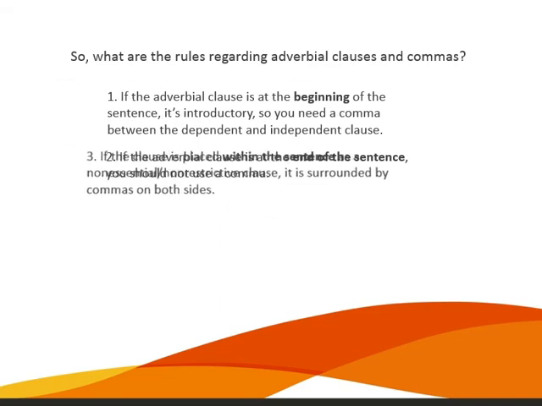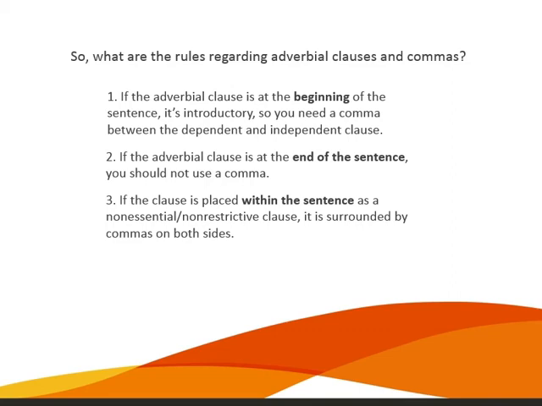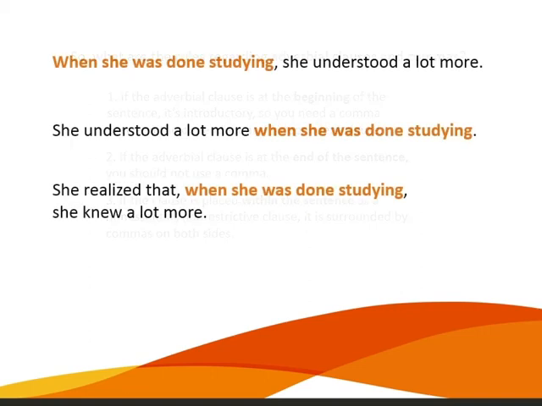Also, if the clause is placed within the sentence as a non-essential, non-restrictive clause, it is surrounded by commas on both sides. When she was done studying, she understood a lot more. She understood a lot more when she was done studying. She realized that, when she was done studying, she knew a lot more.